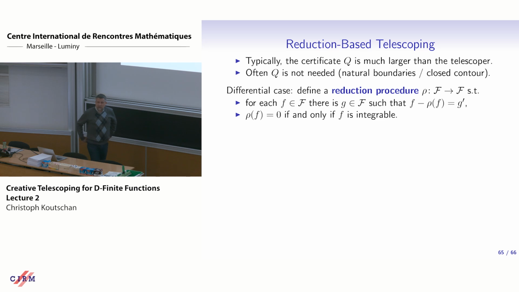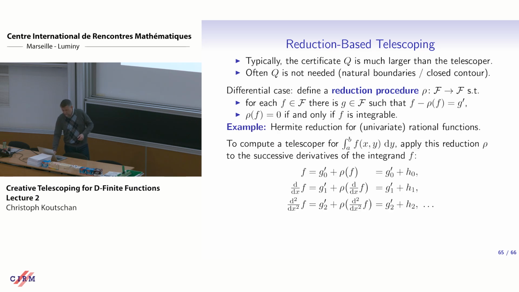And ideally, you want to have the property that this reduction gives 0 if and only if the function f is integrable. So if really you can write f as g prime, then this thing is 0. So whenever f is integrable, you are guaranteed that the reduction gives 0.